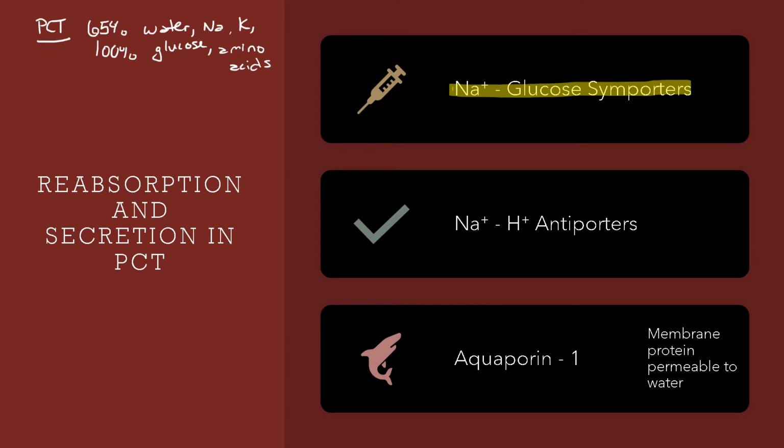In another secondary active transport process, the sodium-hydrogen antiporters will carry filtered sodium down its concentration gradient into a proximal convoluted tubule cell. And during that process, hydrogen is moved from the cytosol into the lumen.